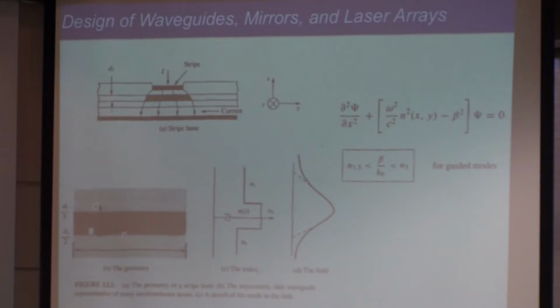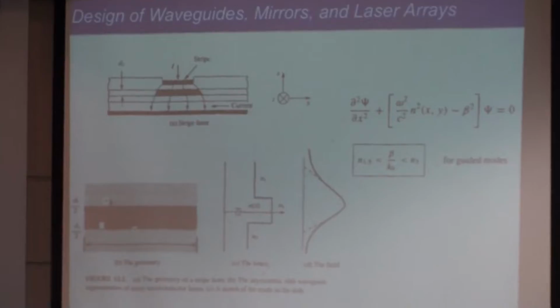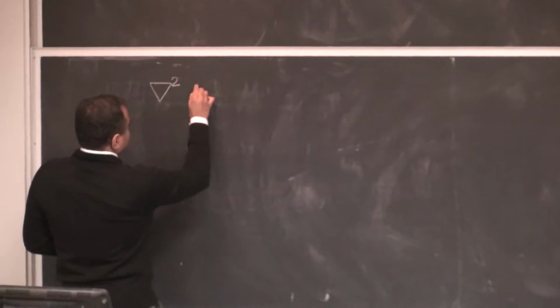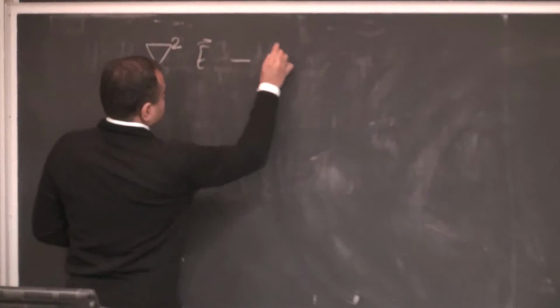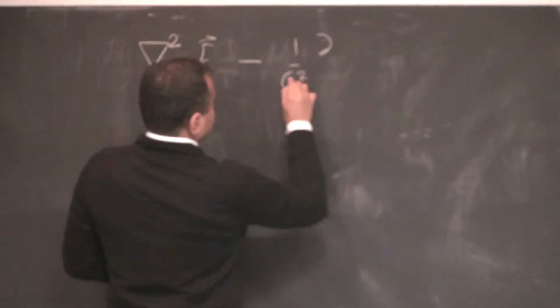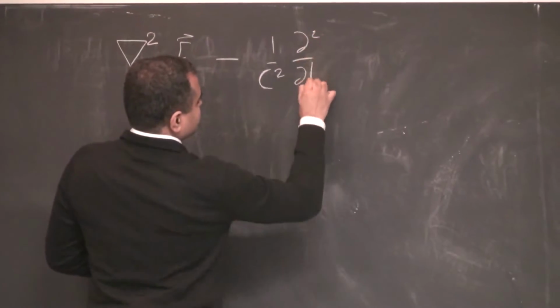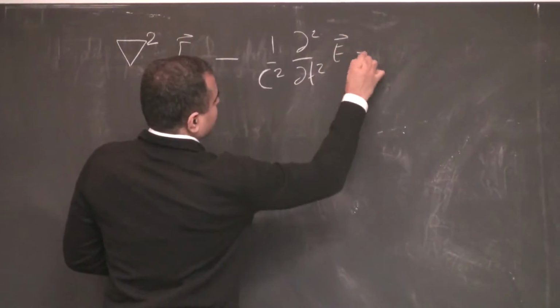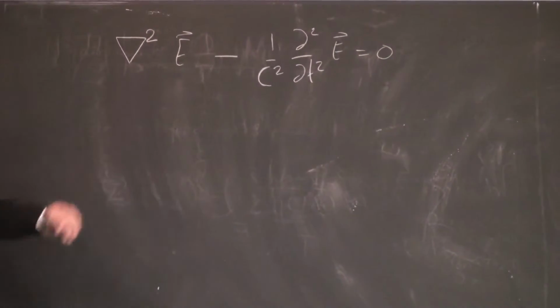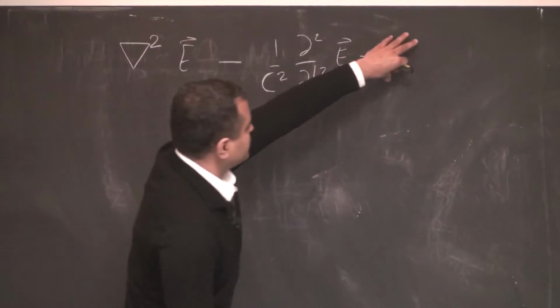So if I were to just write down Maxwell's equations for any electromagnetic phenomena, it looks like this. It is equal to 0 as long as there's no source term here. We will come to that later.